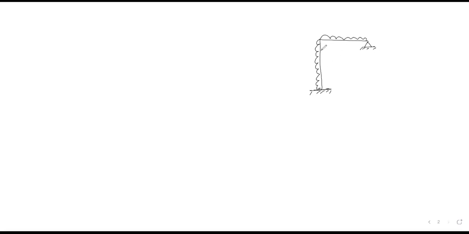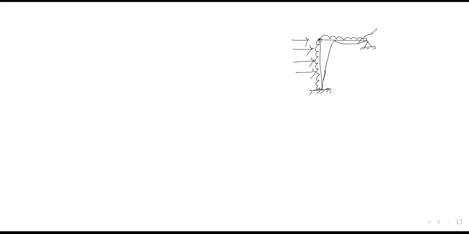Now, just observe. Suppose on this particular column, if horizontal loads are acting, or any horizontal load at this joint, what is the behavior of your frame? It will be deformed like this.